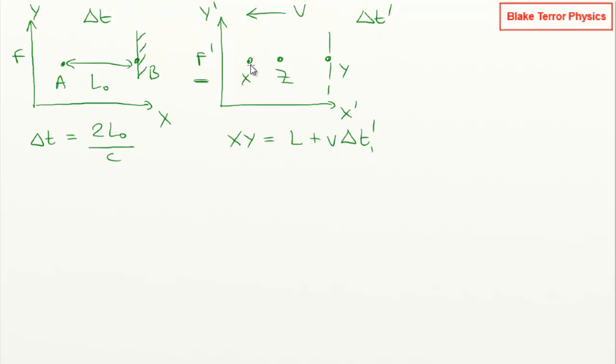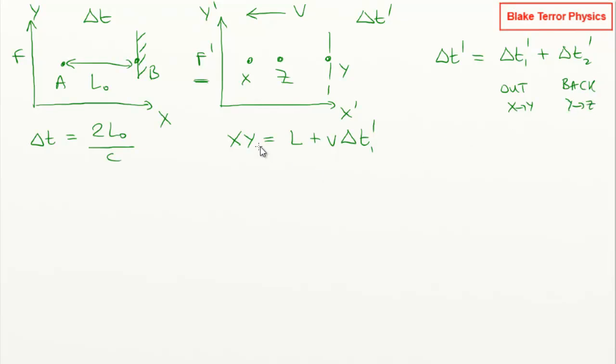We can't say that it's going to be the same amount of time from x to y as back from y to z. So I'll split up delta t prime into delta t1 prime and delta t2 prime. So that's on our way out.